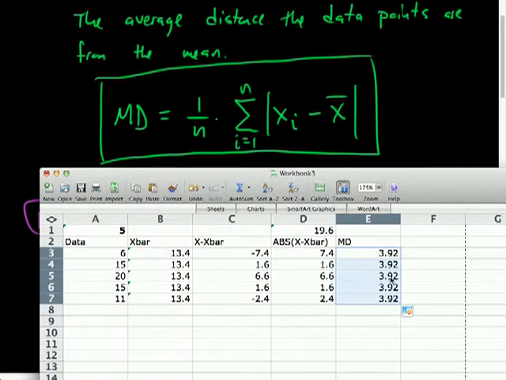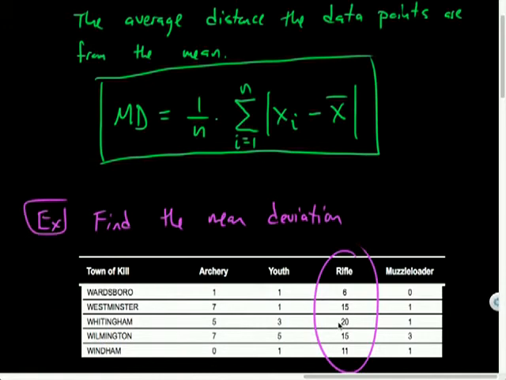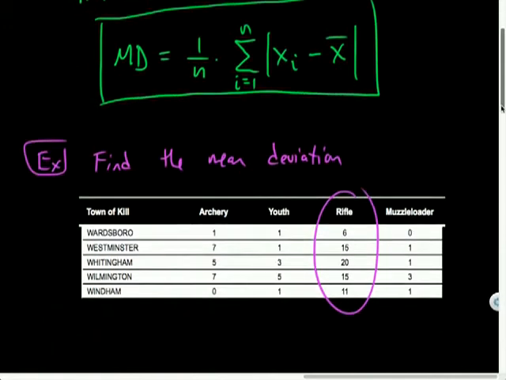Whereas if I have a mean deviation that's like 30, I'm saying, okay, my average is 13, but my data is spread out on an average distance of 30 units away. It's really spread out. So that's what mean deviation is describing, how spread out our data is. So 3.92 would be the mean deviation of this list.